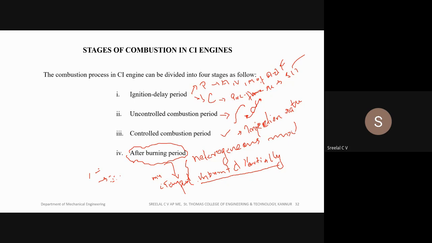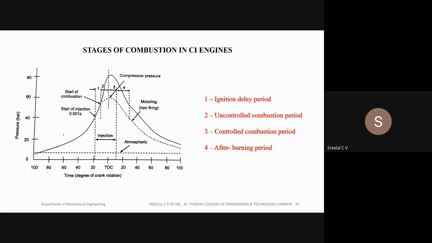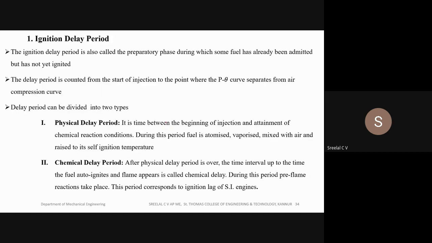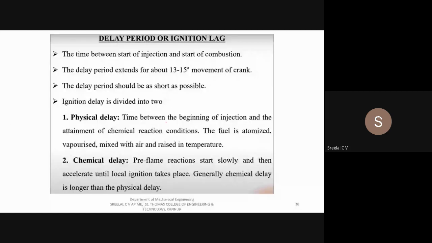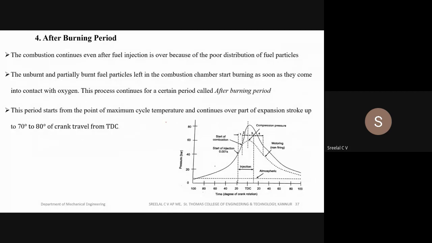The unburned or partially burned particles will be there after the maximum cycle temperature is reached. From here, during the combustion also, this afterburning process will be carried out. So that was the thing we were discussing.